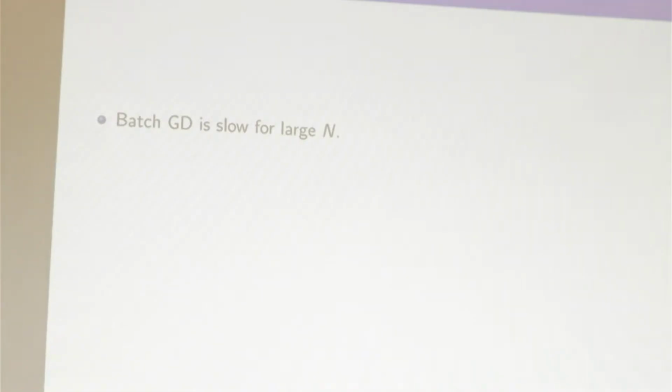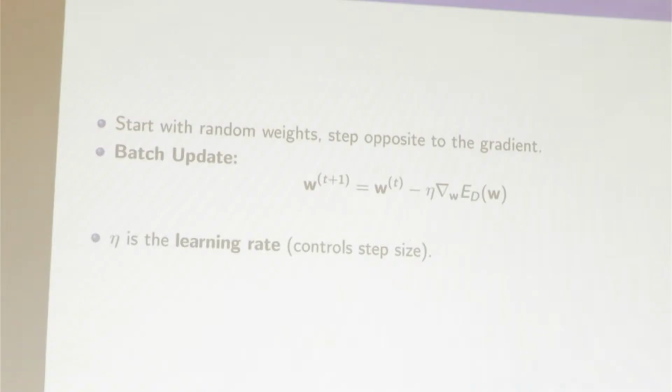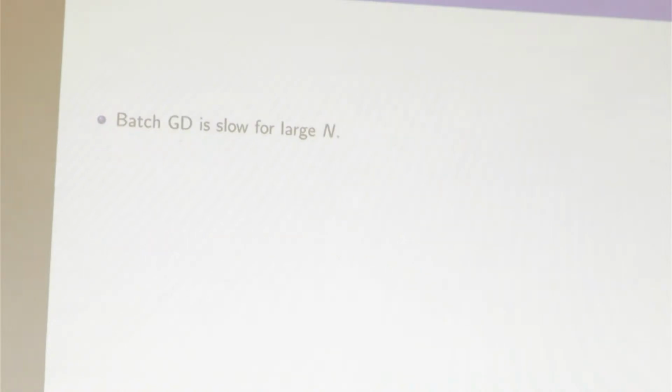Now, if you look at what was happening before, you're computing for all values at once. If your data set is very large, the convergence, how fast you get to the bottom, is going to take a lot of time.